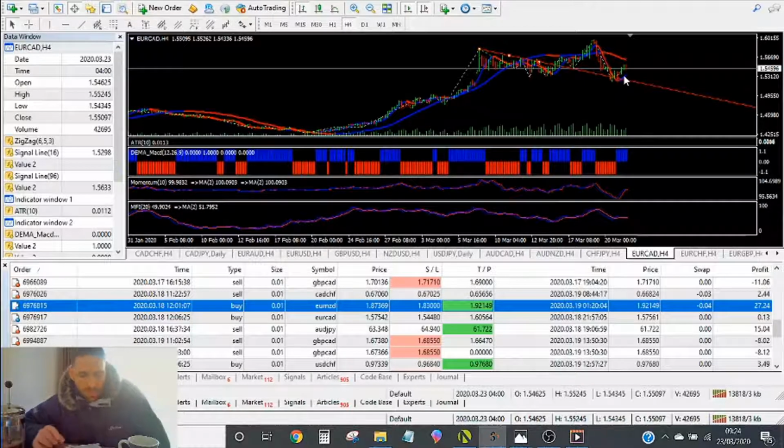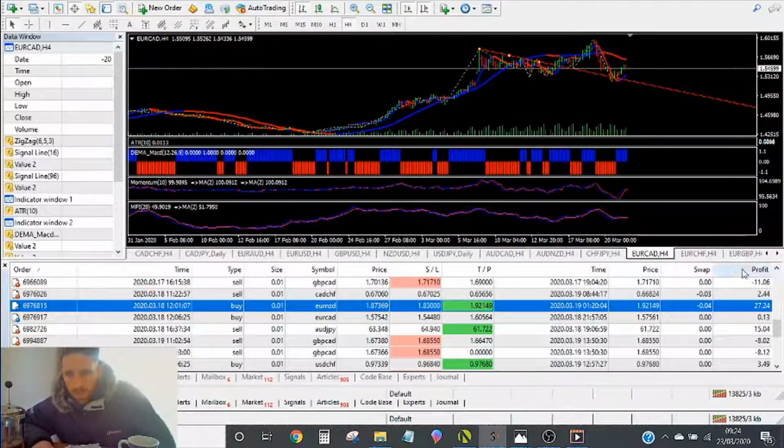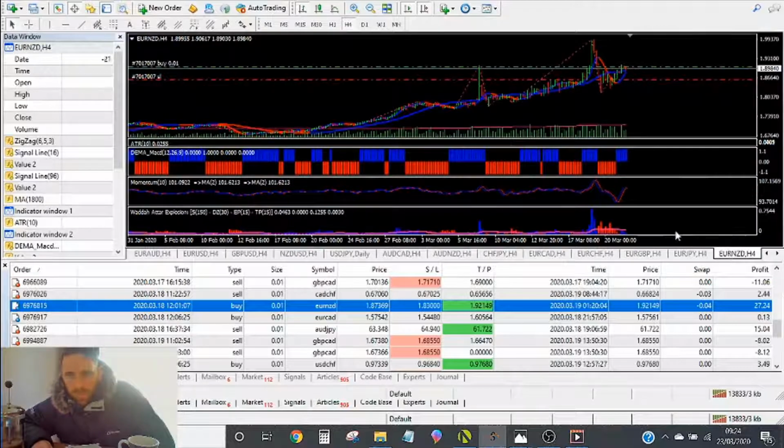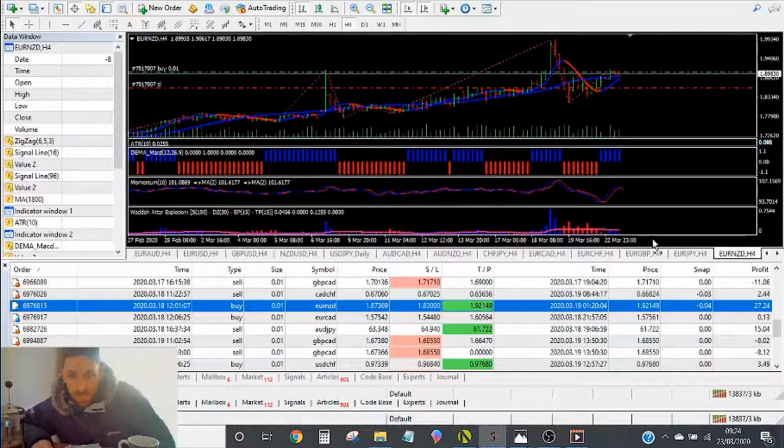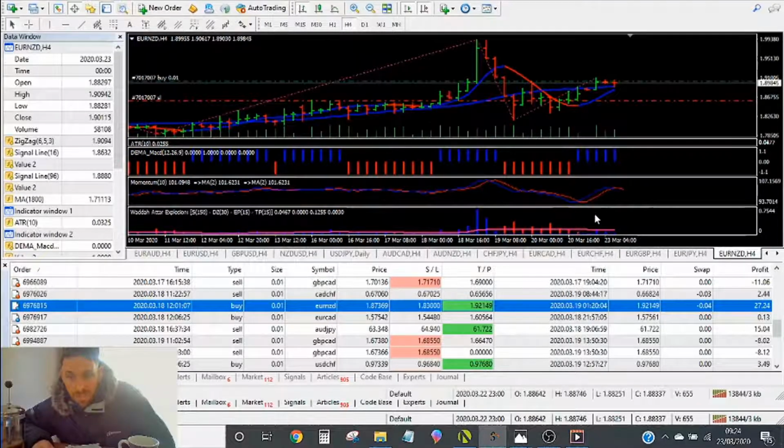The next winning trade that I'm going to show you is the Euro Kiwi. Again, a very similar story. I've actually bought back into this pair as well on another continuation trade. Originally I got in after this bearish period of consolidation, as my Demon MACD turned blue and volume turned up.